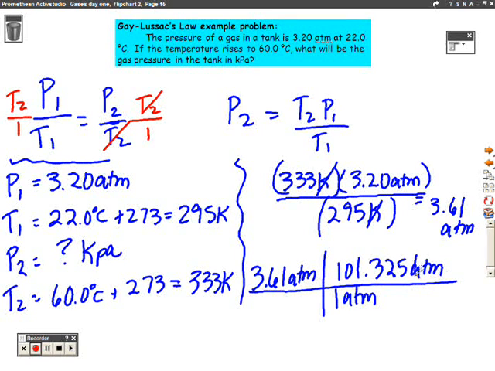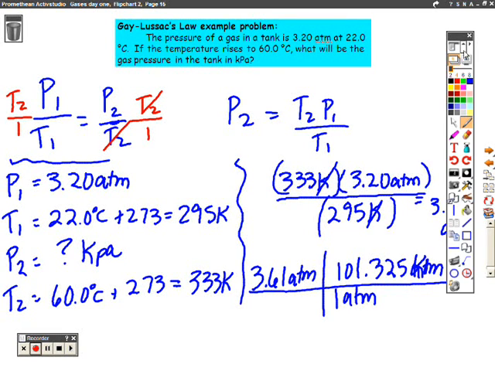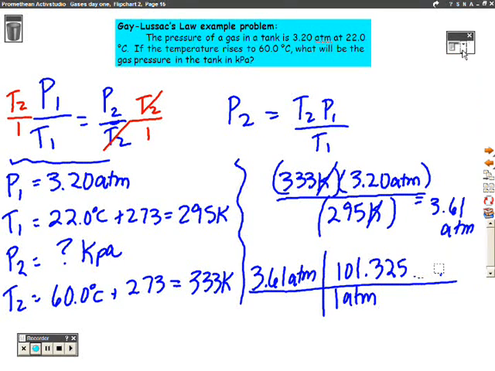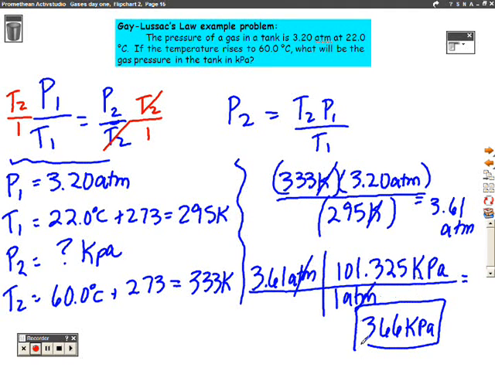Sorry guys. Okay, here we go. That allows my atms to cancel. Now it's just a matter of math. And we get 366 kilopascals is the new pressure.